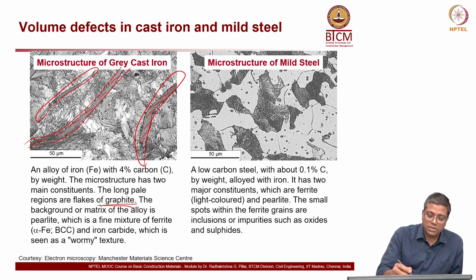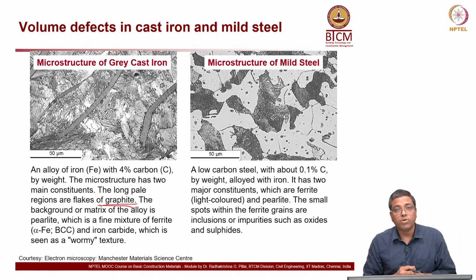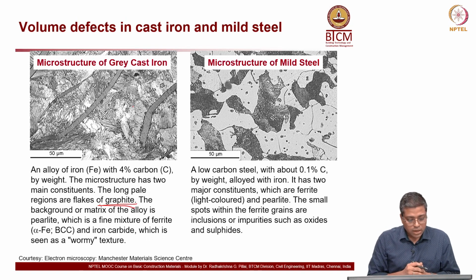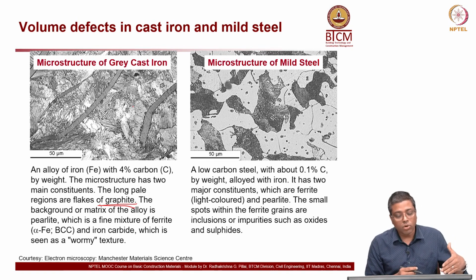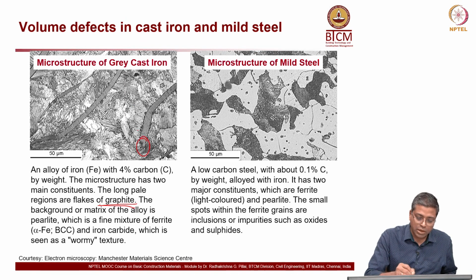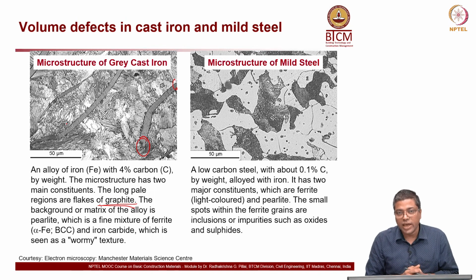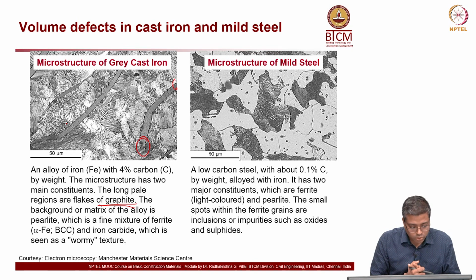So these are the reasons for the brittle nature of cast iron. When some force is applied, the crack will follow the path of these flakes, or stress concentration will happen at one end of them. Along these graphite flakes you will have stress concentration, and the crack will propagate through that.